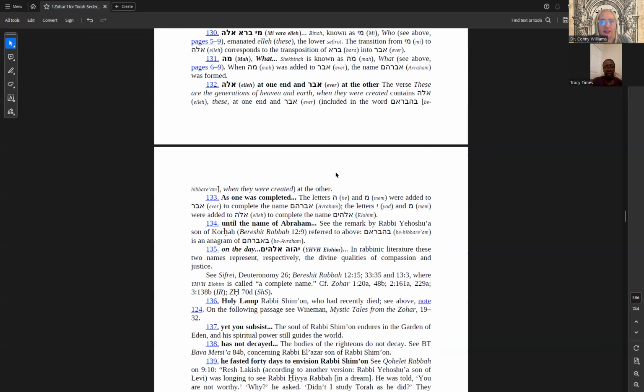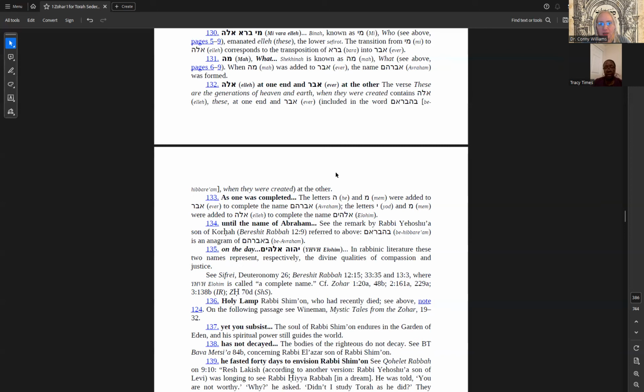And our note says, Mi vera Ele, Bina, known as Mi, who, see above, emanated Ele, these, the lower Sephirot. And we have already, in the beginning, started on Mi, who is Bina, Ma is Chokhmah, and now we have these. These are all your various pronouns that are now being divided up into the Sephirot.